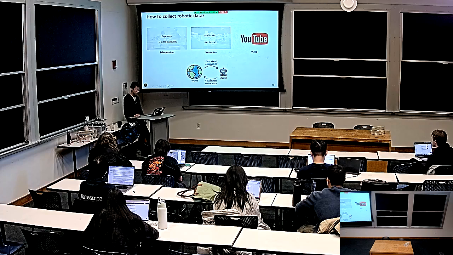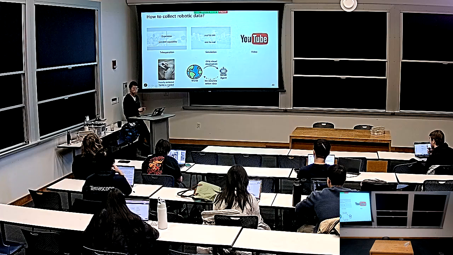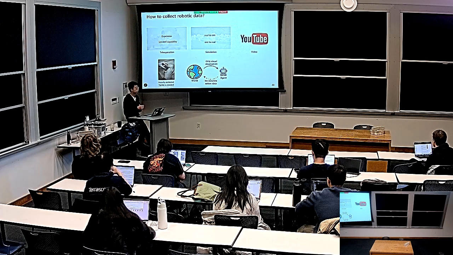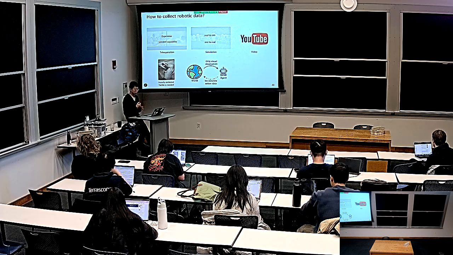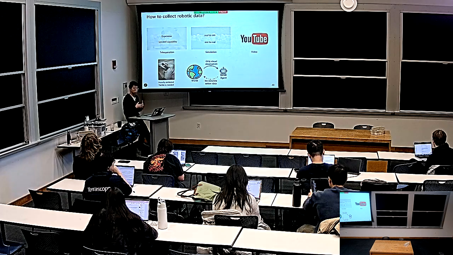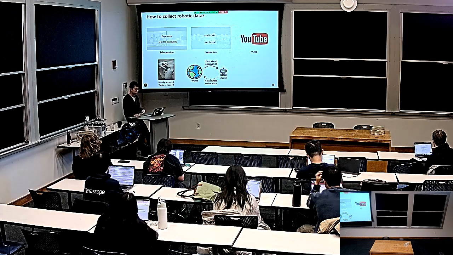So in terms of learning from video, as we mentioned, the observation space only contains visual observation, right? So there's no tactile feedback. And if the video is heavily occluded, we might have trouble recovering the action from the video.